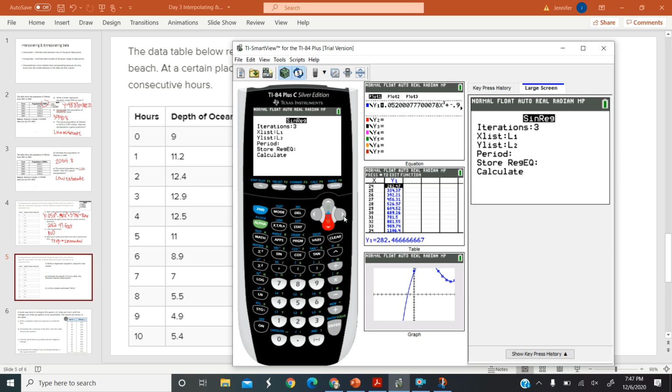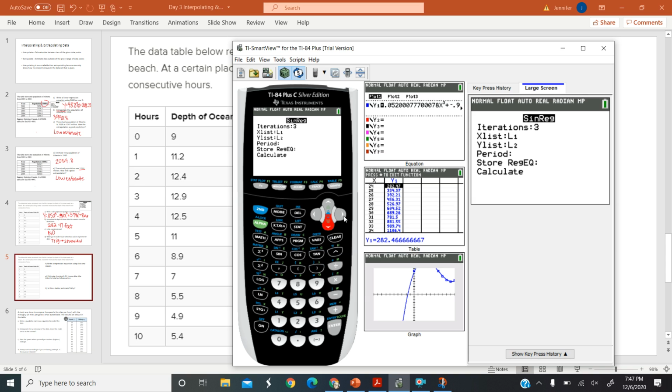there's mixed opinions on if you need to enter a value for that. From what I've observed, for the most part, it doesn't matter if you enter anything for period. It's going to come out as a very similar equation either way, and the calculator does a really good job of finding the period for you. So typically, I just skip period, unless it specifically tells you in the problem the period of the graph is this.